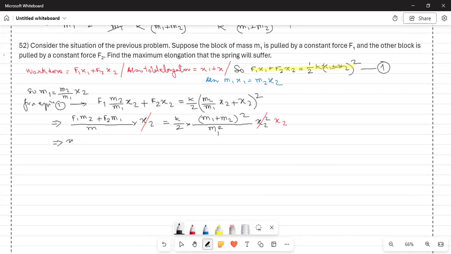Right? And then what is the value of x2? Therefore, x2 is on the right-hand side, so I have to do a cross multiplication.